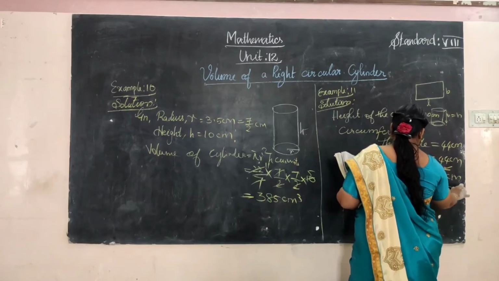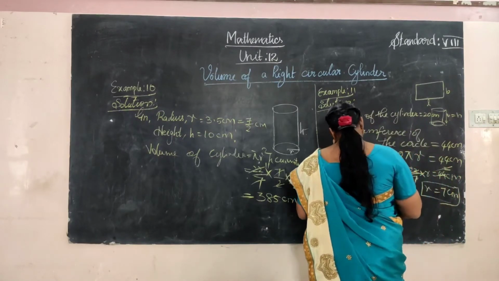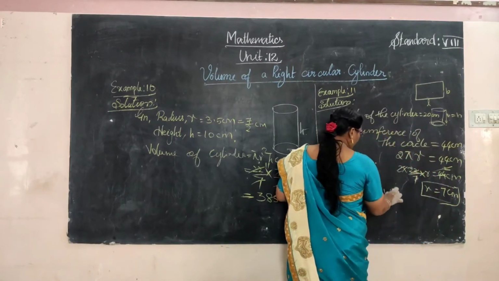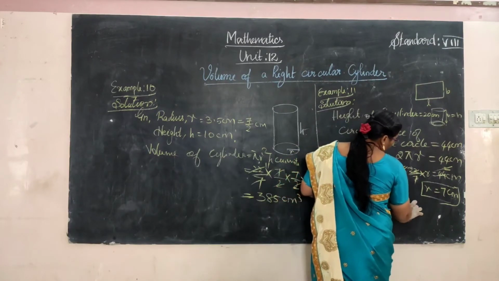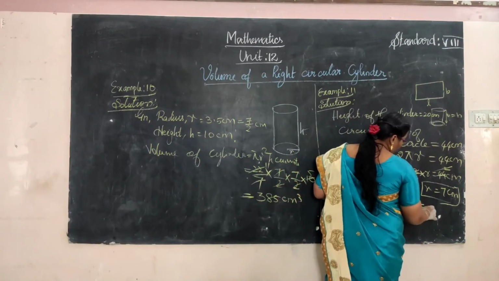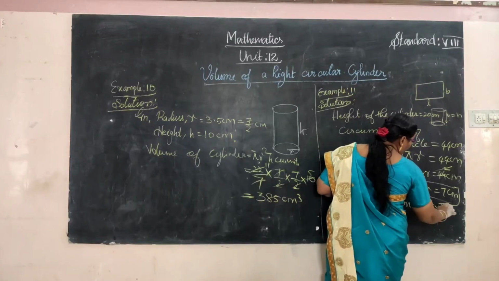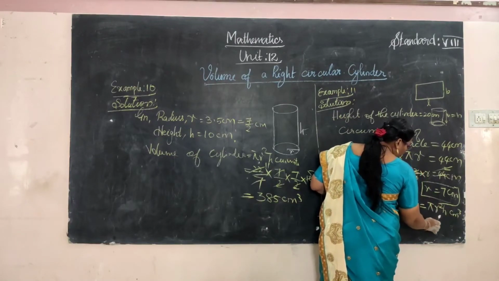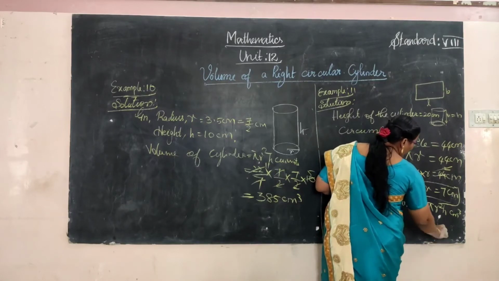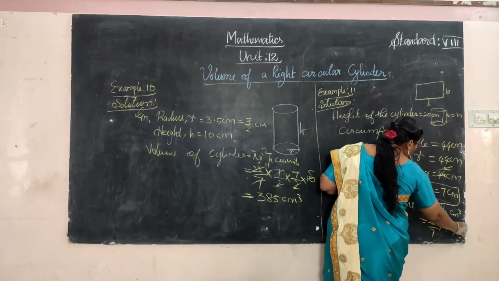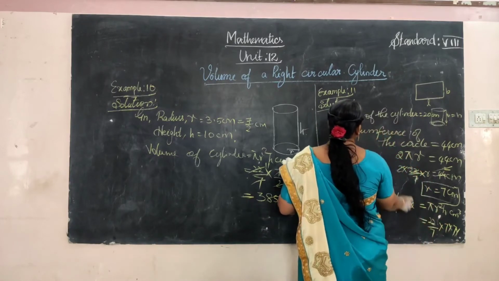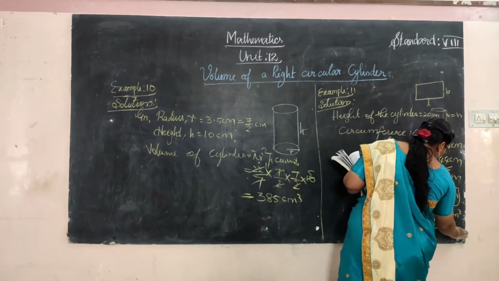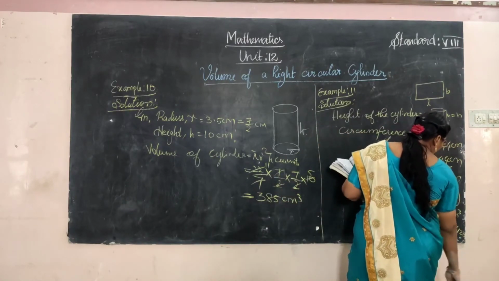Now we have to find out the volume. So volume is equal to pi r squared h centimeter cube. So pi value will be considered 22 by 7, r value is 7 into 7, h value, the height of the cylinder, is 20. So it will be cancelled.